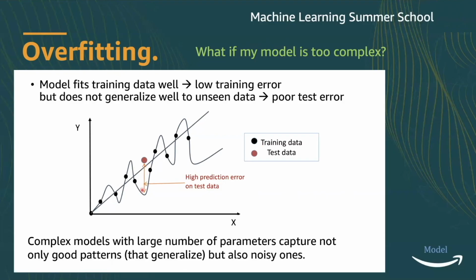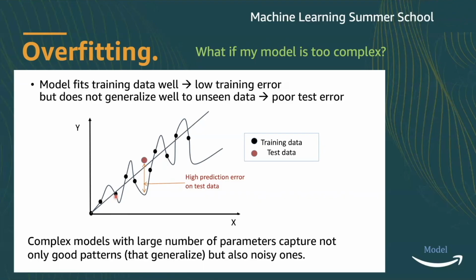Well, here it turns out that the high dimensional polynomial that we are fitting has zero training error, because if you apply this function to any of the black dot points that are part of the training data, it will make zero error.